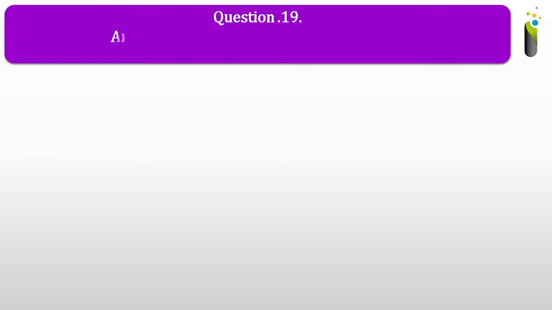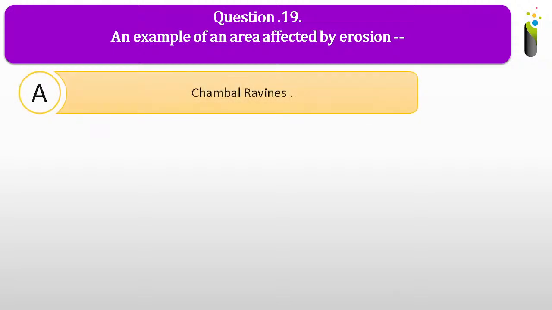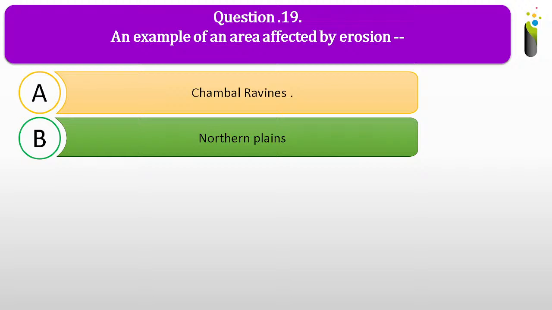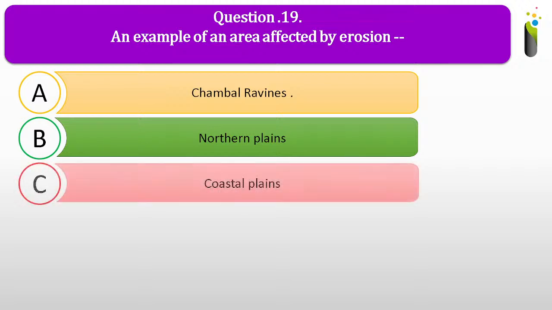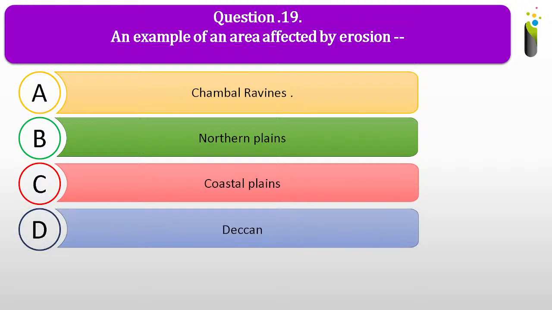Now, question number 19. An example of an area affected by erosion is dash. A. Chambal ravines. B. Northern plains. C. Coastal plains. D. Deccan. So an example of an area affected by erosion.